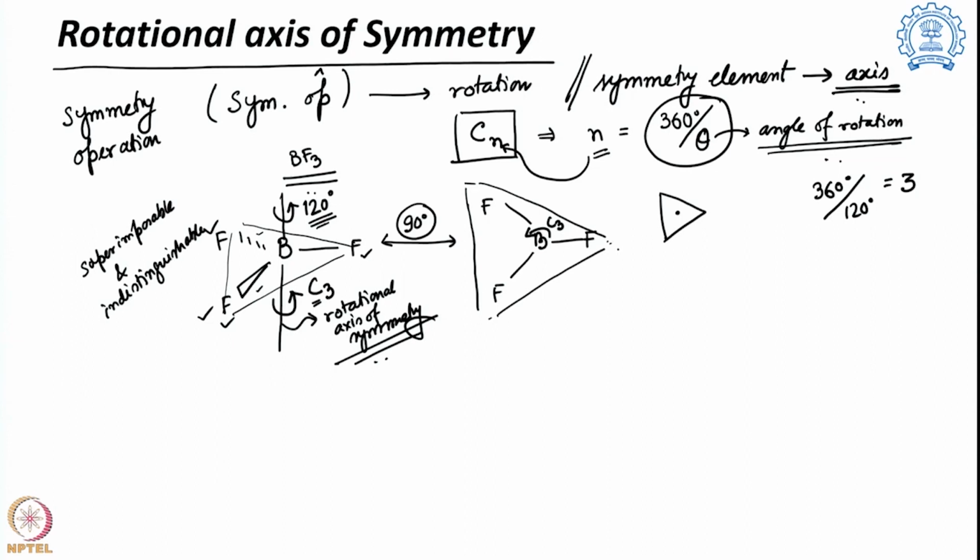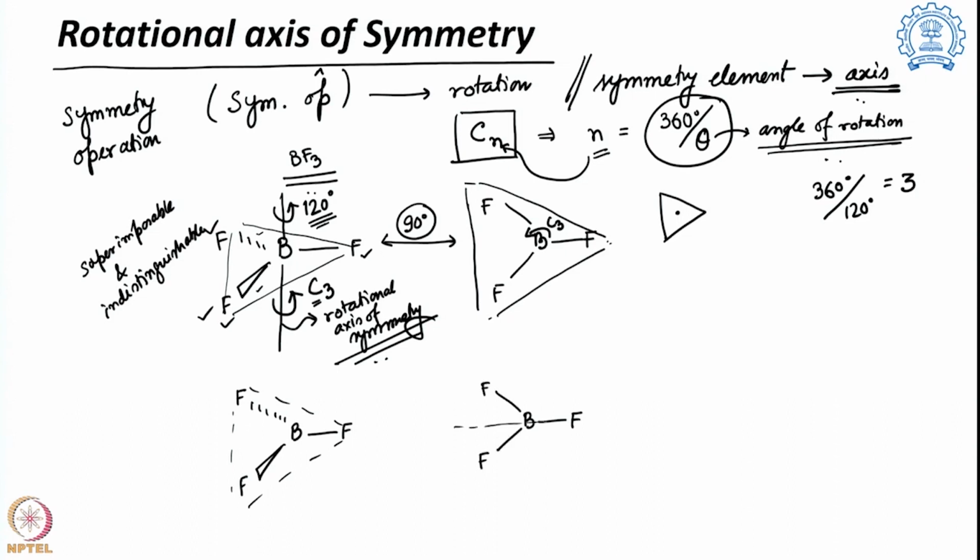Are there any other axes of rotation present in this molecule? And the answer is actually yes. So let us find out where the other axis of symmetry is present in this molecule. That is again easier to understand if I take the view from the top.